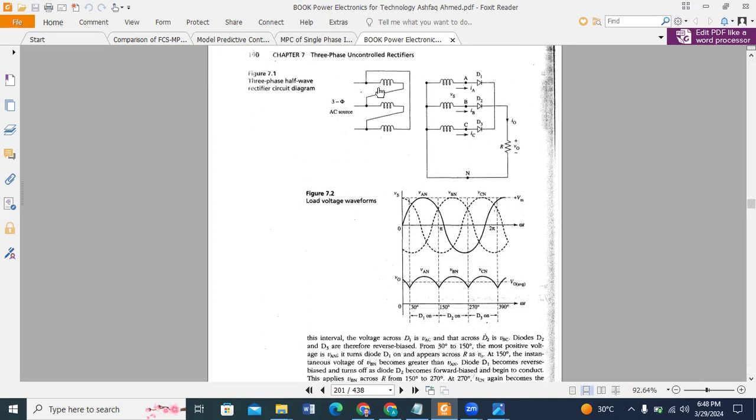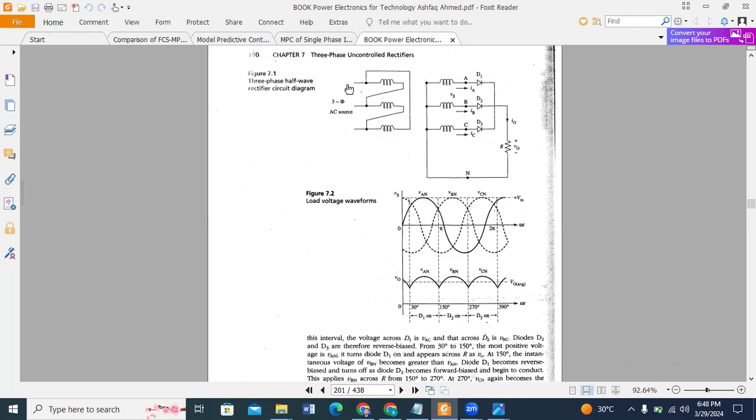the concept of this rectification of the three-phase uncontrolled half-wave rectifier is that the three-phase source voltage is coming from this side in a star to star connection. Sorry, delta to star connection.